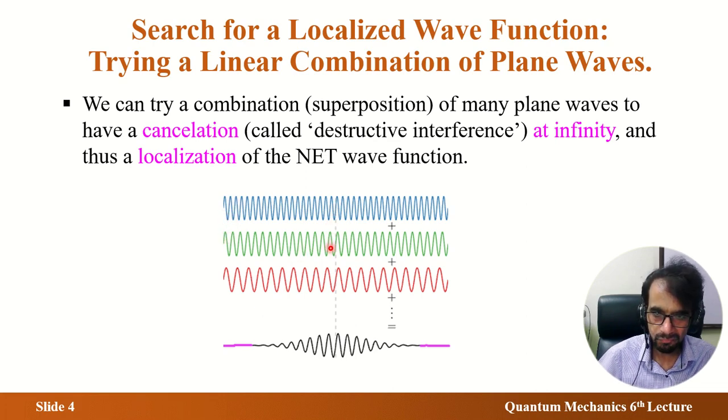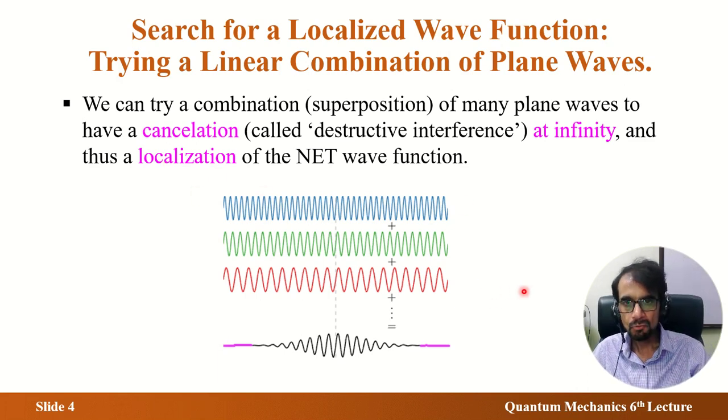Actually, two plane waves do not do that, but for the moment, you just take it. Details are in the next slides. Many plane waves in combination may make a net 0 at infinity. They can be positive, they can be negative, the net could be anything. Now, if the net at infinity is 0, at minus infinity and plus infinity, that is called localization.